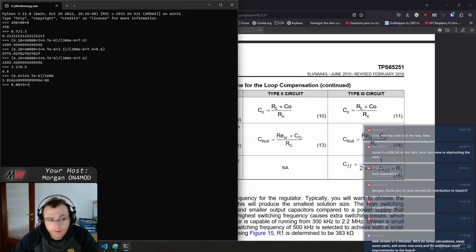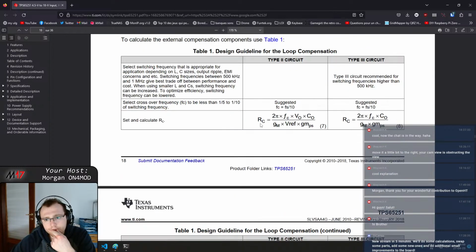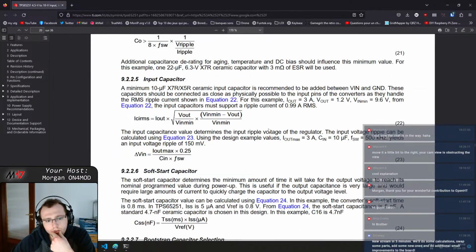C output is 3 times 4.7 micro. Then divide that by RC, which is 1.6 kilo. Okay, yeah, it's 29 picofarad. Very, very low. Let's see what they have on their circuit.